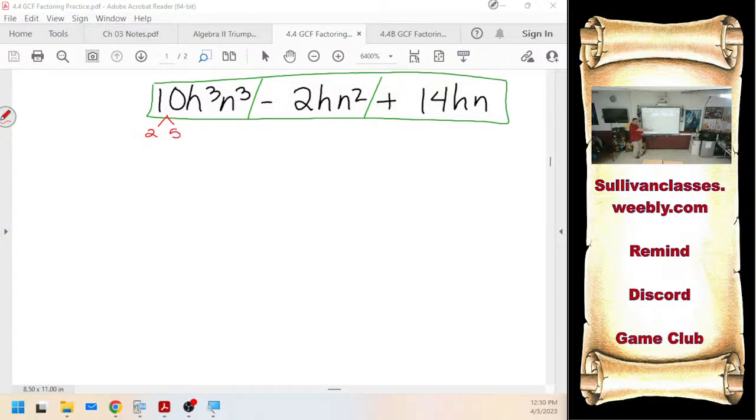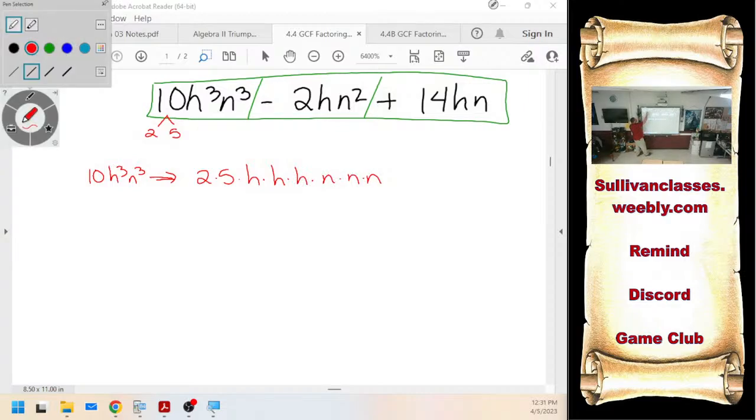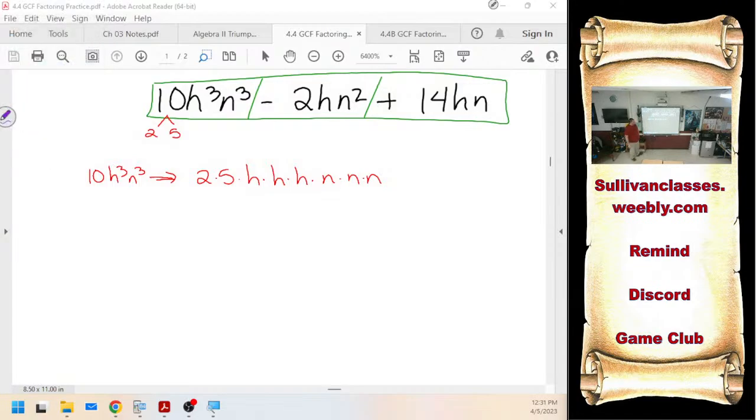So I'll write my whole business out this time and say 10 h to the third n to the third was, you don't have to write it all out like this, 2 by 5 by h, h, h, n, n, n. When I see why I put those boxes there, this is a negative 2 hn squared.